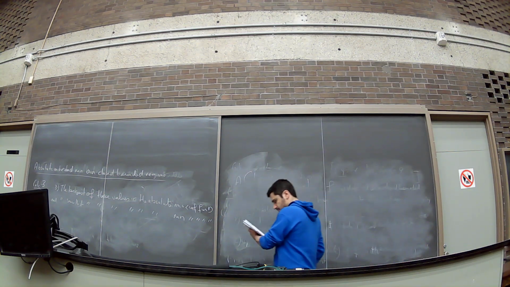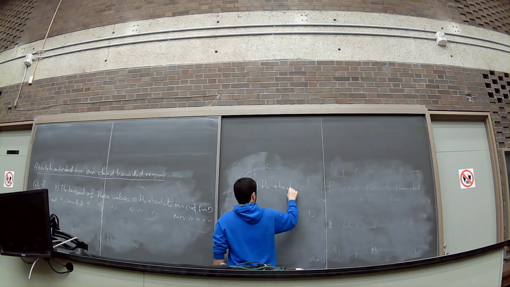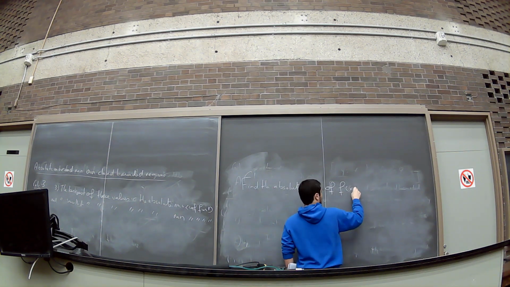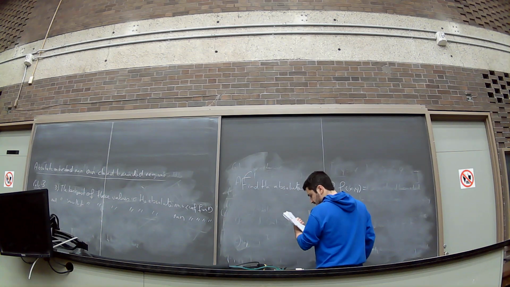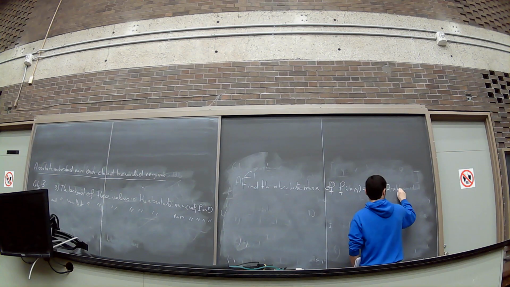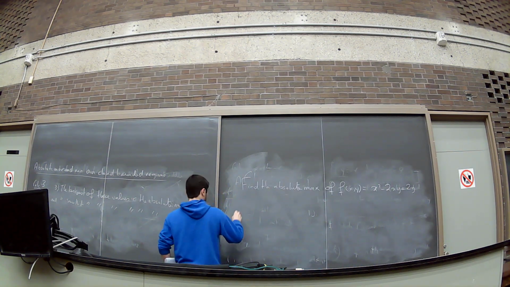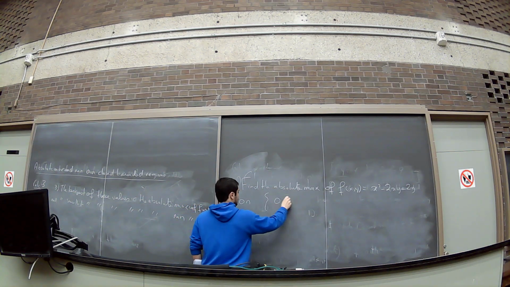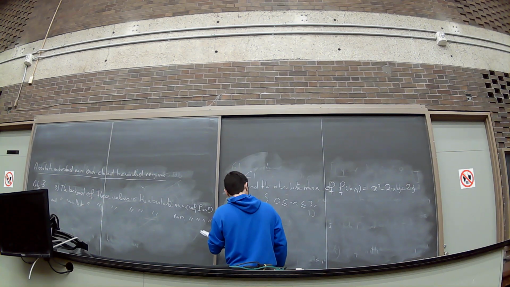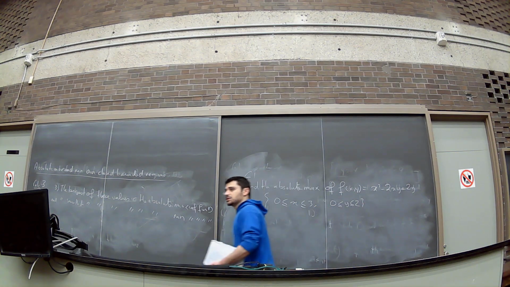Find the absolute max of f(x,y) = x squared minus 2xy plus 2y on this set: x in [0,3] and y in [0,2]. How do you sketch this set?